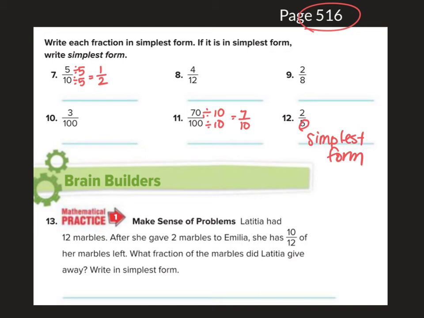Now, are you always going to get down to a prime number and then you know you're in simplest form? No, not always. Let me see if I can think of a quick example where you wouldn't be in the simplest form. Like, let's pick 12 on the bottom. 12 is not a good one because 12 is divisible by everything.